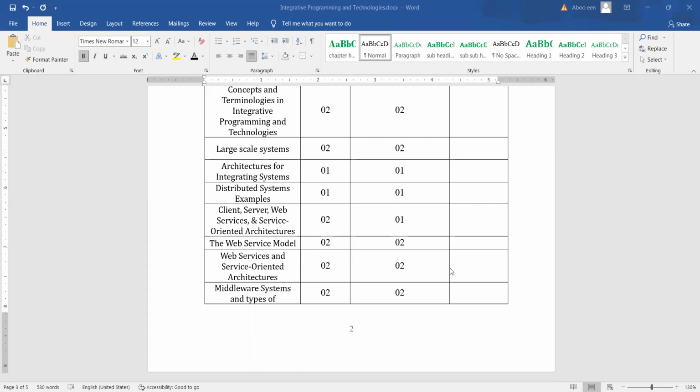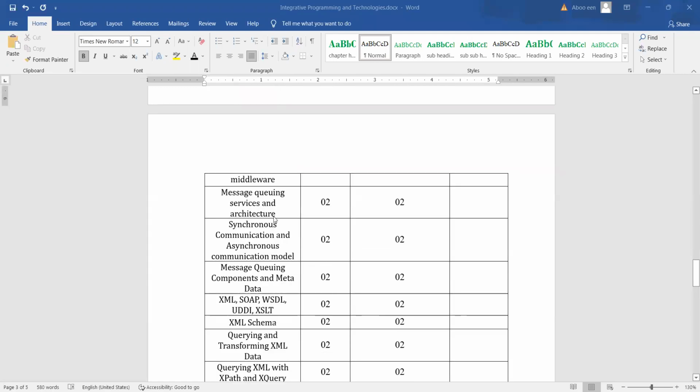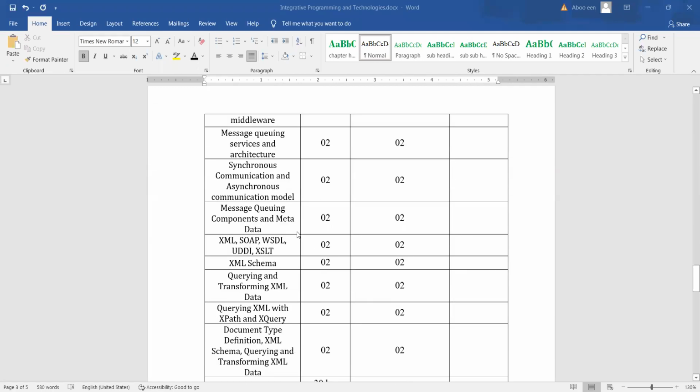We will discuss the web service model, web services and service-oriented architecture, middleware systems and types of middlewares. After that, we will discuss message queuing services and architecture, and synchronous and asynchronous communication models.